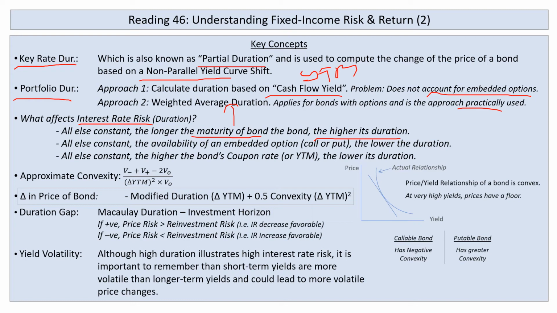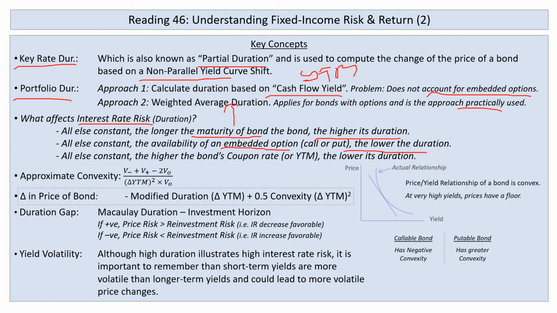Another point is that whenever we have an embedded option, all else constant, the lower the duration. Why? Well, we talked about this when we were talking about effective duration. Effective duration implicitly should account for embedded options on the bond, since it would introduce a price cap if the bond is a callable bond, and a price floor when the bond is a puttable bond. Now what happens is that since it's imposing caps and floors on the numerator, that means that the numerator is restricted to a certain range.